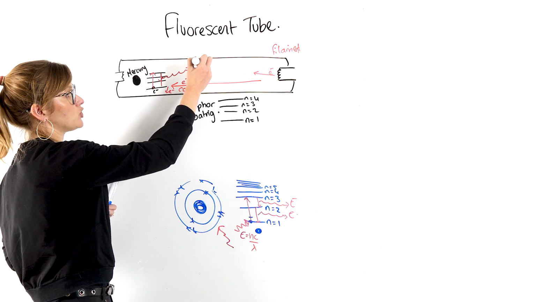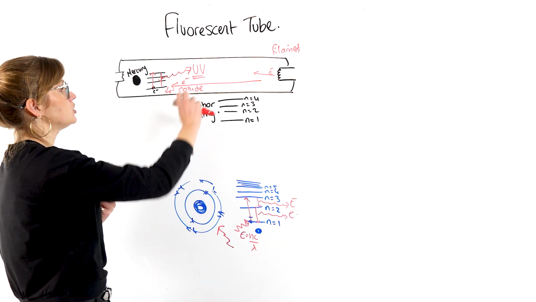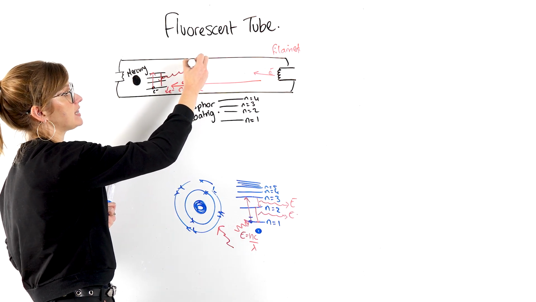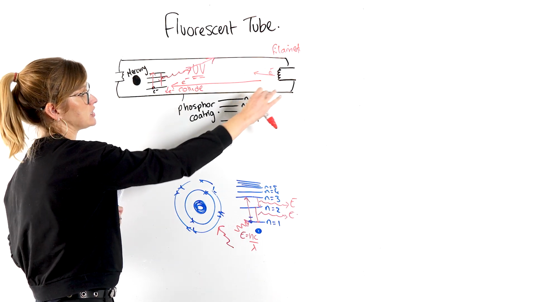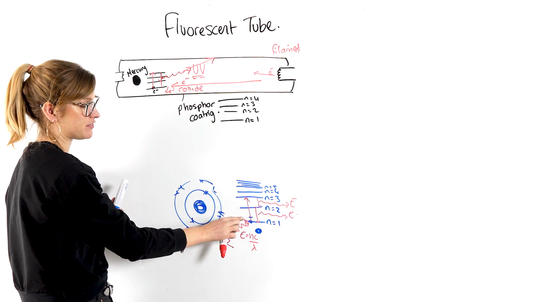And that's going to be light in the UV region, the ultraviolet region, which we cannot see with our eyes. So what then happens to this UV light? That UV light might go and hit the phosphorus coating, the coating that's around the tube. The coating is made of atoms that have different energy levels.